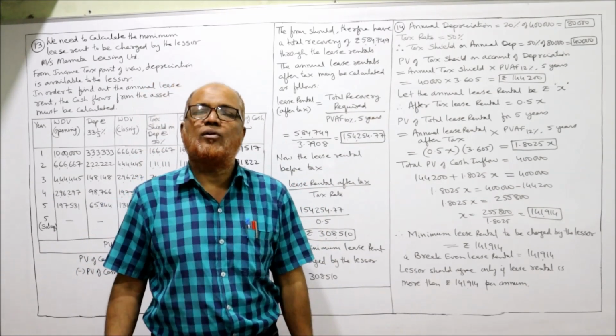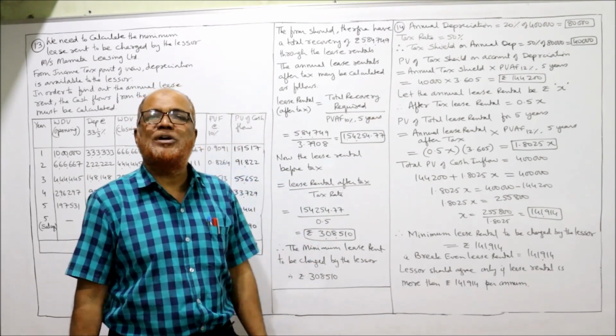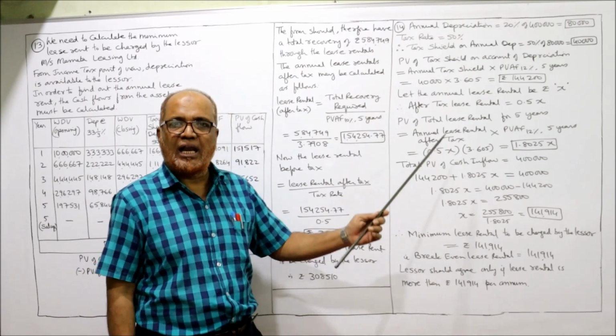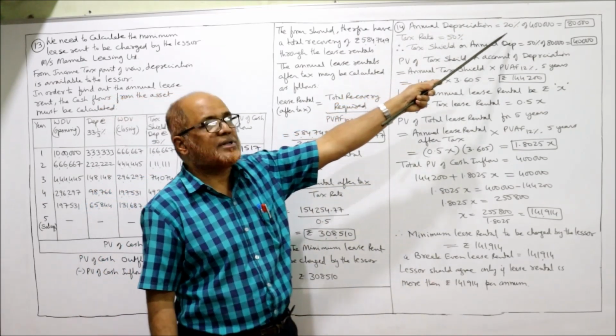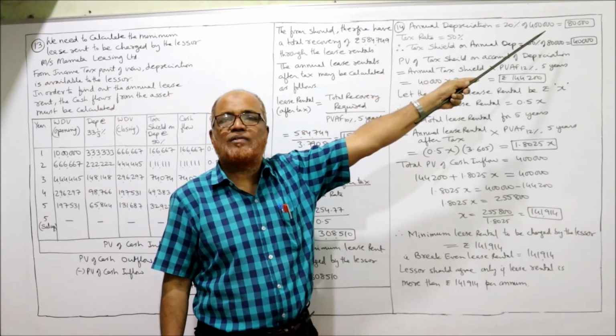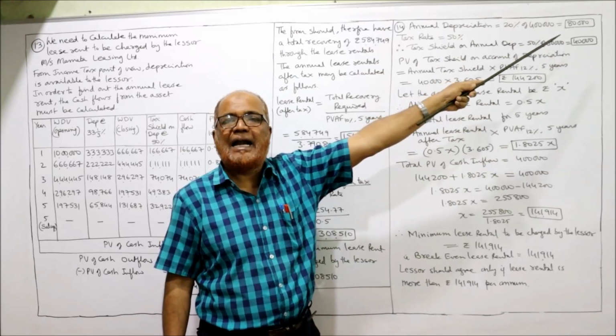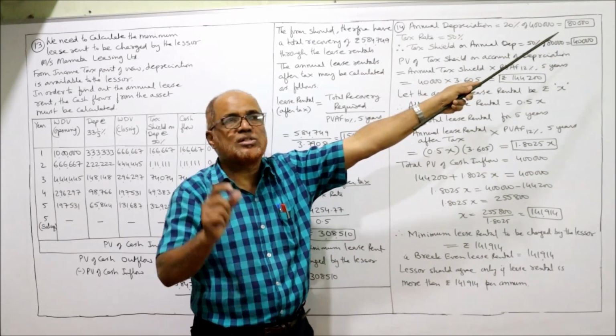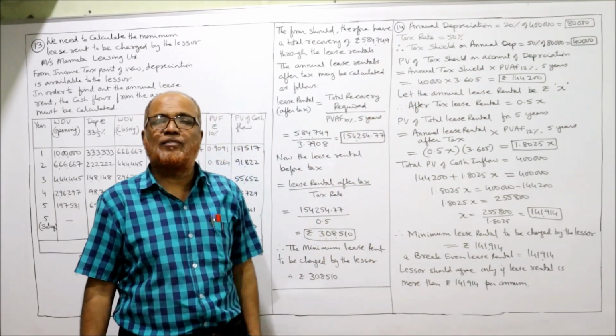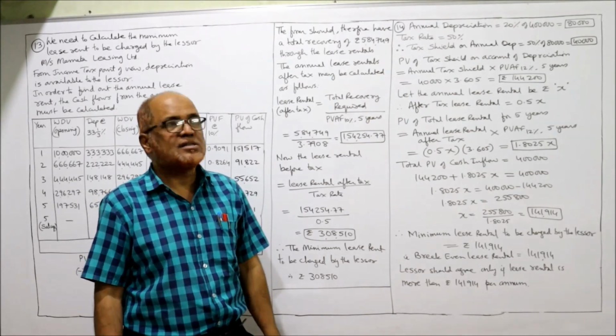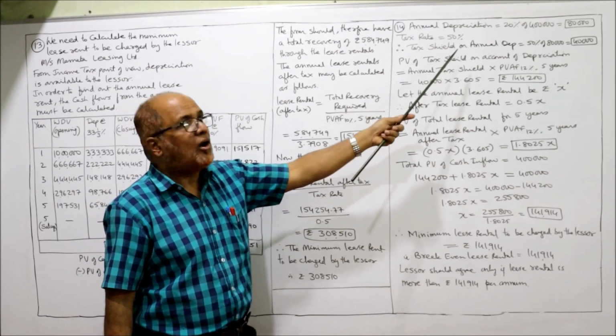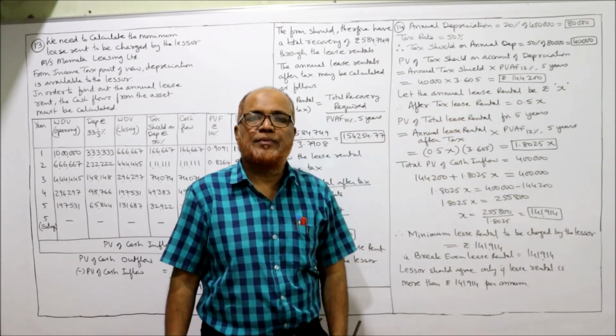That's all. Now we have to find out the minimum lease rental to be charged by the lessor to the lessee. First of all, annual depreciation is 20% of the cost of the asset, 20% of 4 lakh, 80,000. Tax rate is 50%.